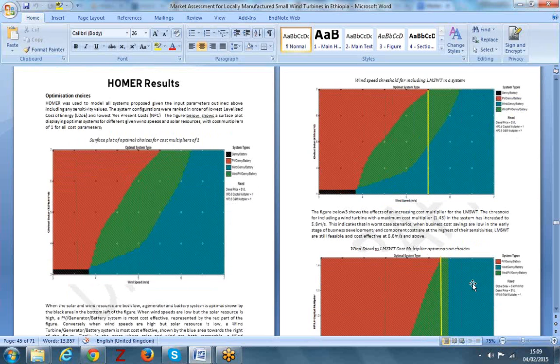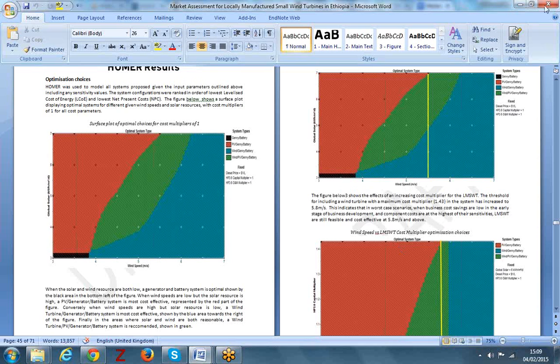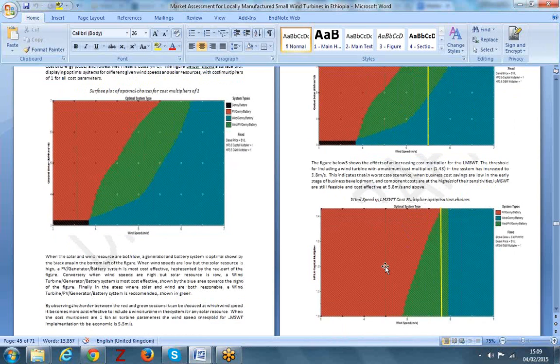And in Homer it's useful because you can include the sensitivity values. And this graph here shows with the sensitivity values for the material costs and the cost of the wind turbine, this is the cheapest, and this is the most expensive, which is 1.4 times the original cost.